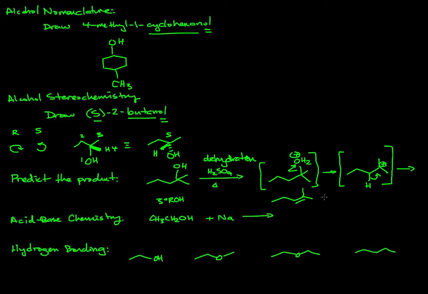You can see this is a tri-substituted alkene. If we eliminate a hydrogen from this methyl group or that methyl group, we end up with a di-substituted alkene. So in alkene stability, the more carbons you have on the CC double bond, the more stable it is.